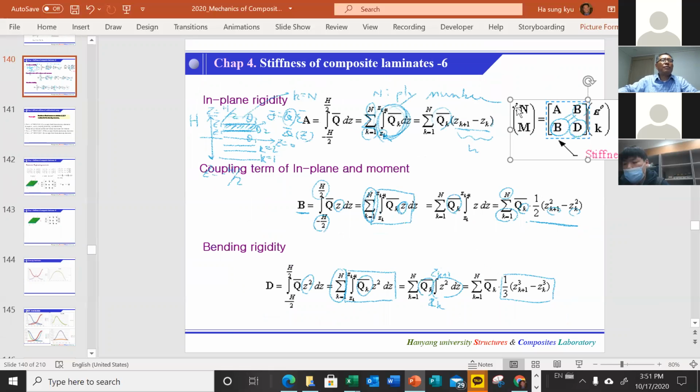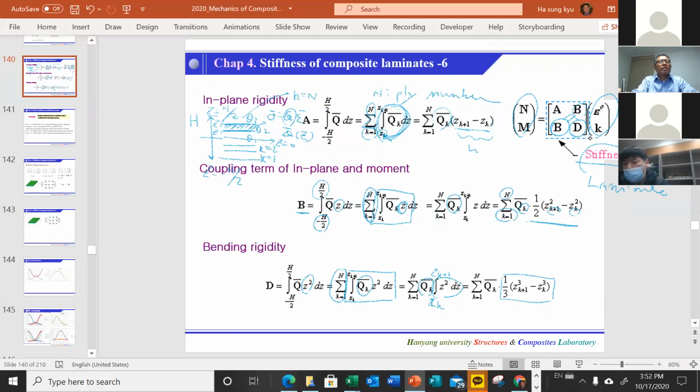Once we have an ABD matrix, this is the stiffness, the stiffness matrix of the laminate, okay, relating strain or curvature to load and moment.